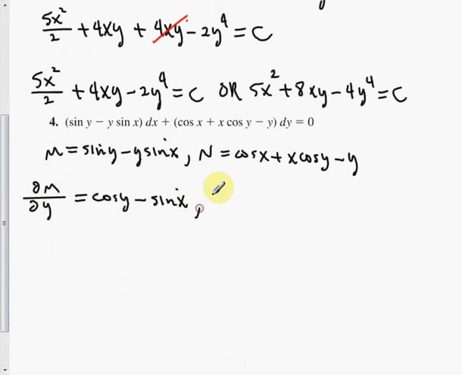Right? Take the derivative here of the partial of n with respect to x. So this becomes negative sine x, plus take the derivative of this x, that's 1 times its coefficient, cosine y. We'll see if that matches up. Positive cosine y there, negative sine x, it's exact.